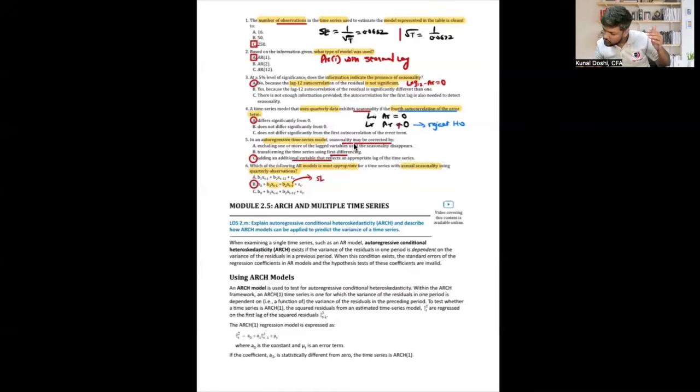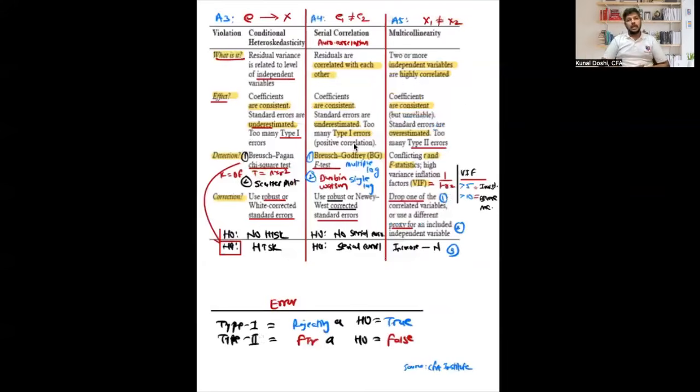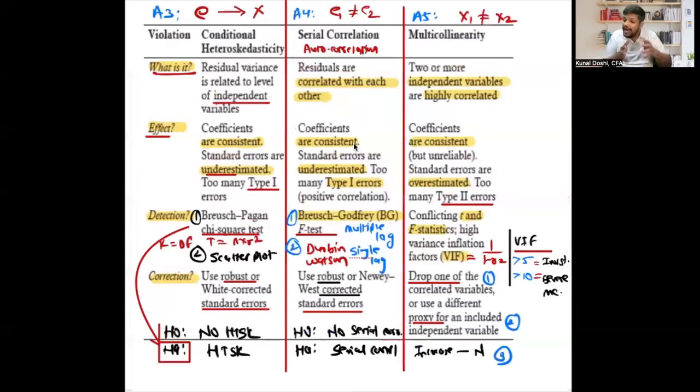So let me go through the previous topic where we focused on those critical assumptions and the violation of these assumptions, especially the heteroskedasticity, conditional heteroskedasticity, where the residual variance is related to the independent variable, meaning the error is related to the independent.